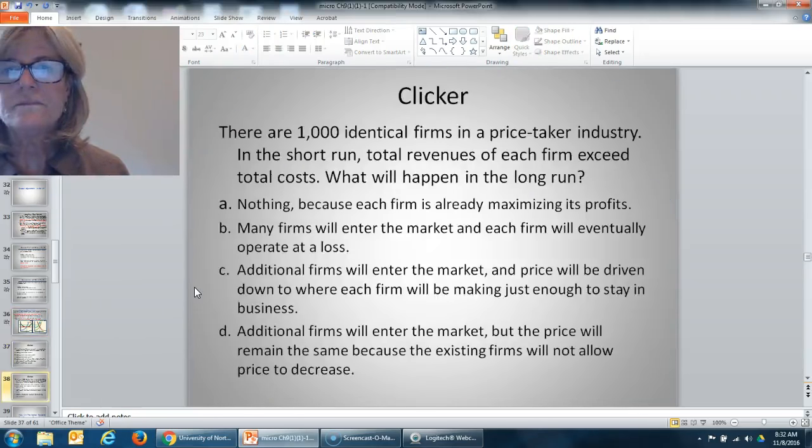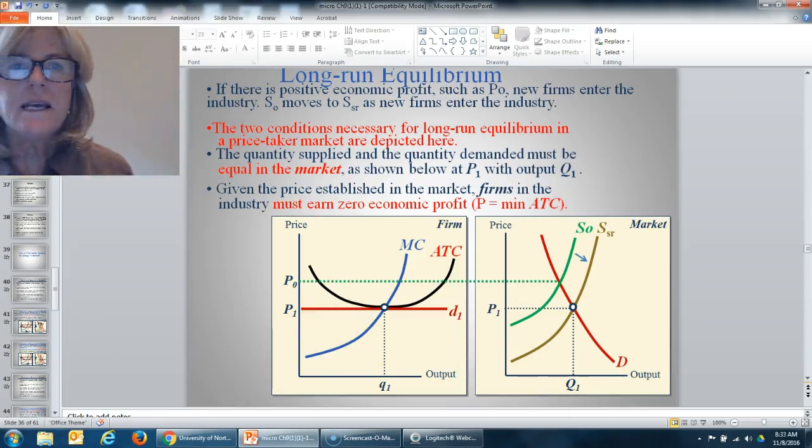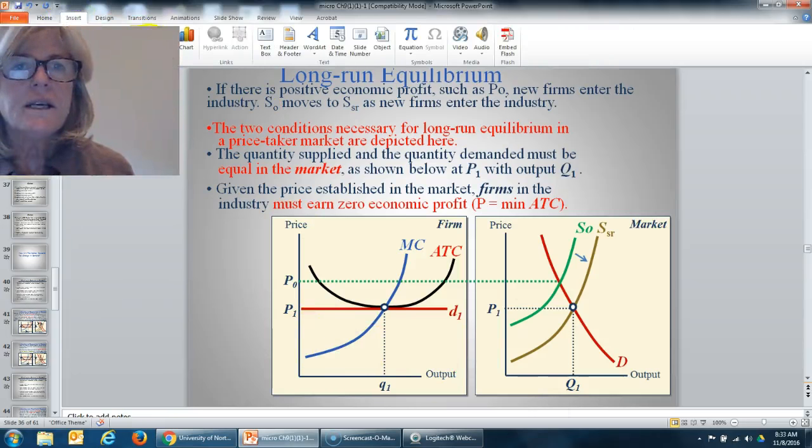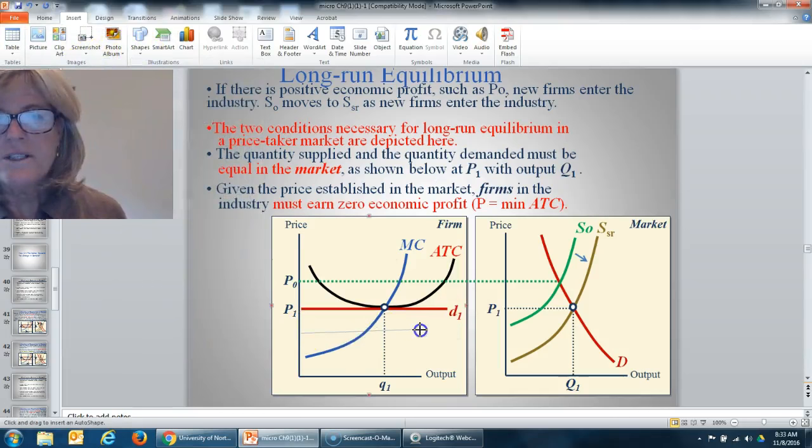What happens if there's economic losses? If there's economic losses, let's just say kind of we start down here, below average total cost, right?